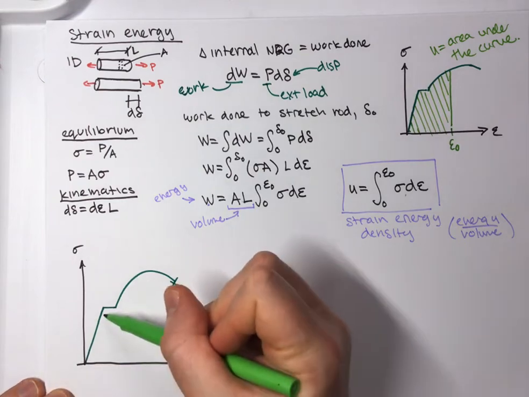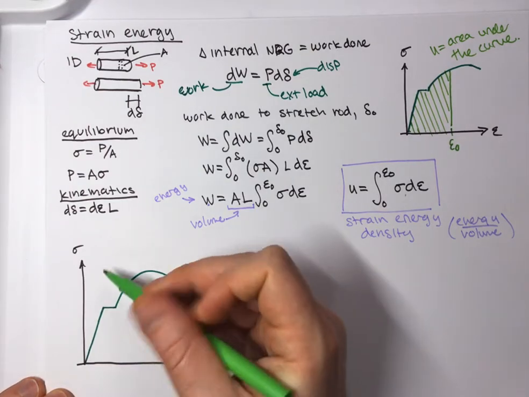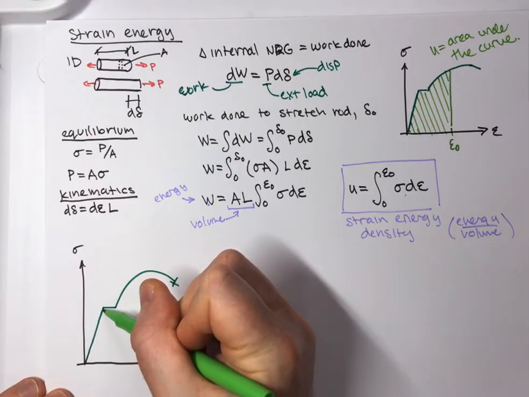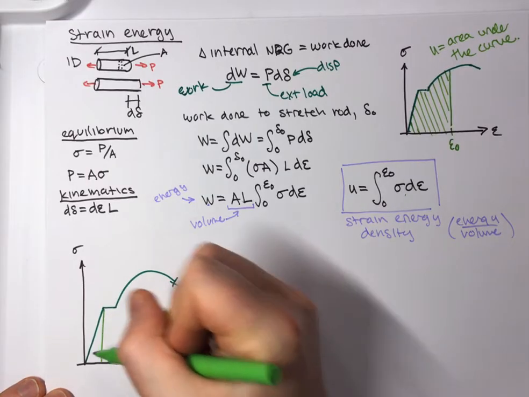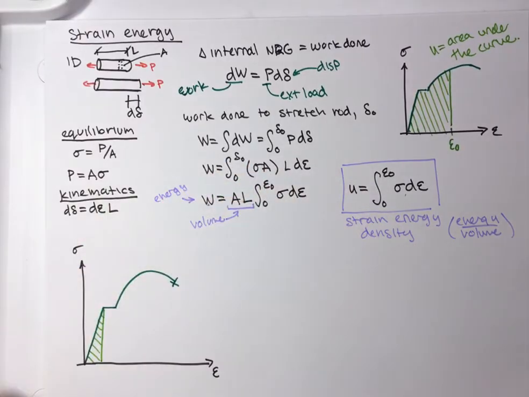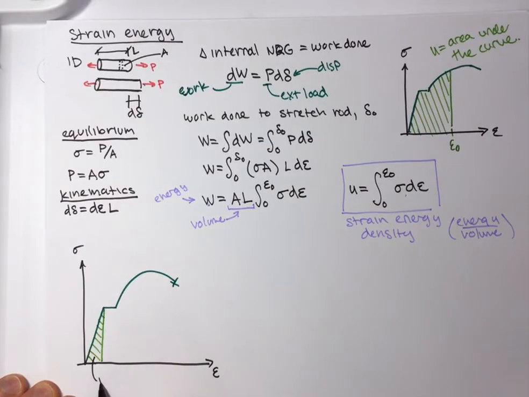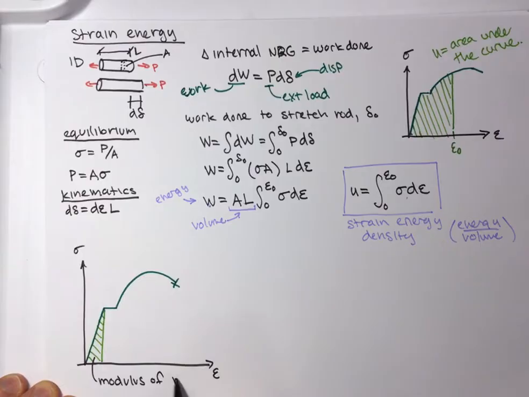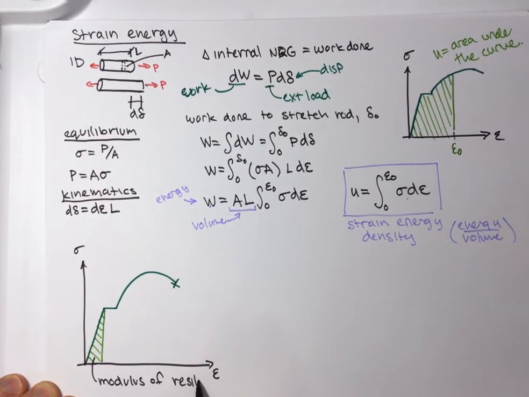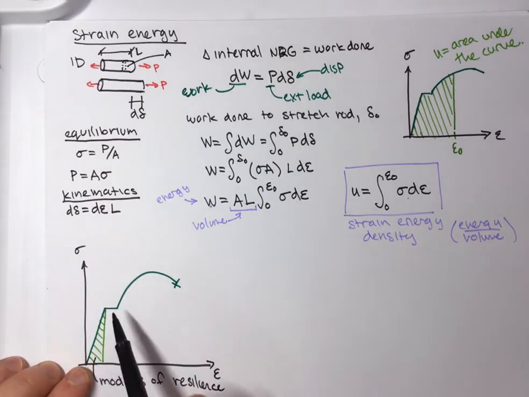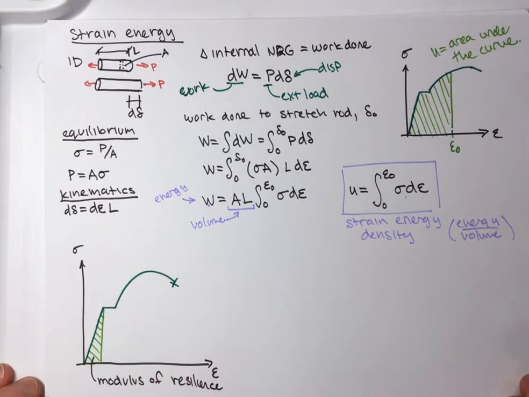If we go just to the yield point here, so this is our yield stress, and we look at the area here underneath the curve, that area we're going to call the modulus of resilience. And essentially that's just the energy that the material can absorb before it yields.